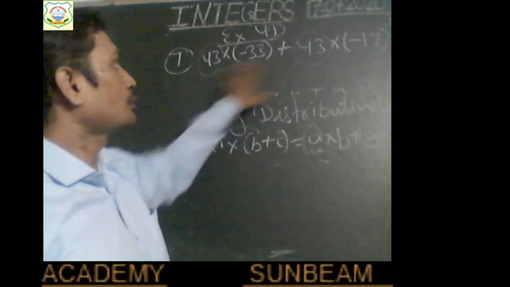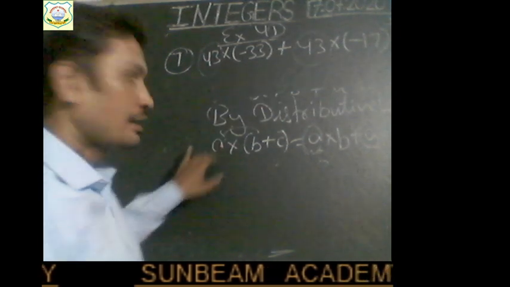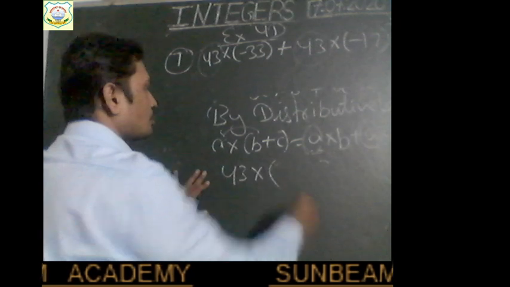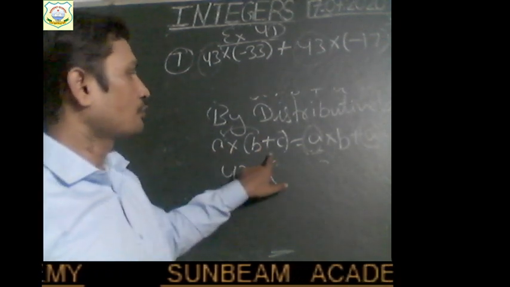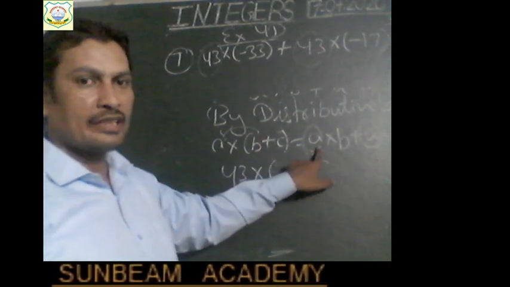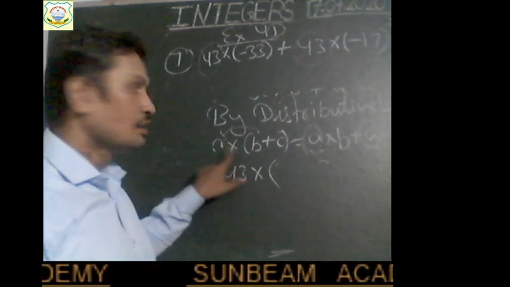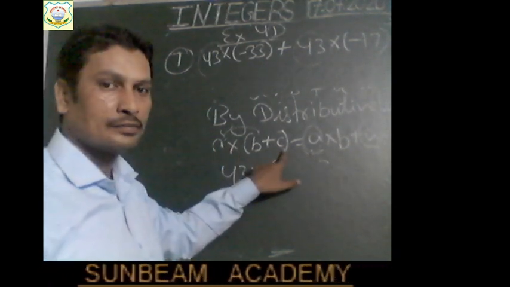So the common integer 43 will be written outside, into, as per the formula, b plus c, right?